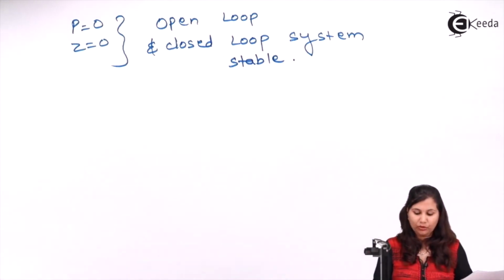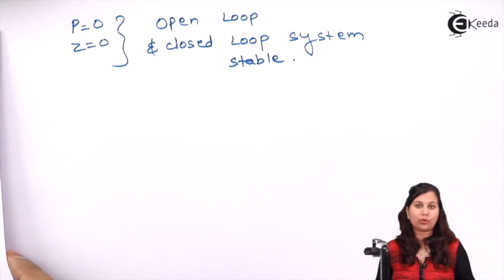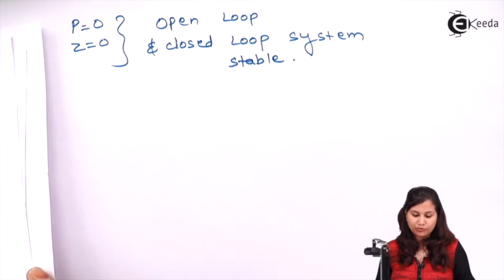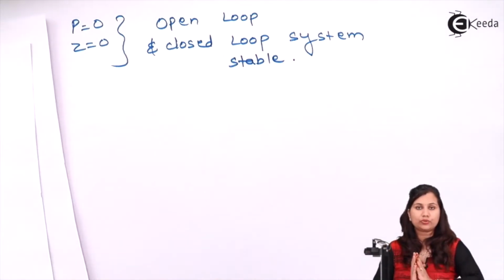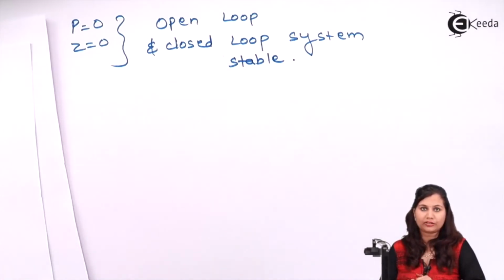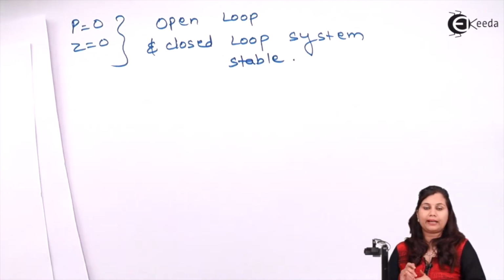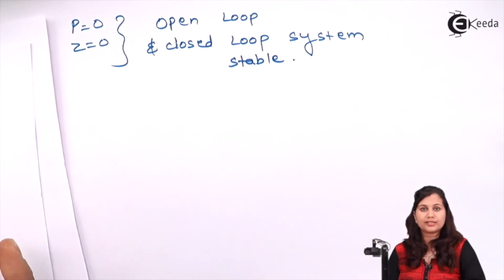So whenever we have any question on the Nyquist plot, first we will put s equals j omega in that transfer function, and then we will obtain the magnitude and the phase angle. We will draw a table varying the value of the frequency from 0 to infinity. Then we will draw the polar plot, and from the polar plot we will draw the mirror image, so that we will be able to get the Nyquist plot of the system.